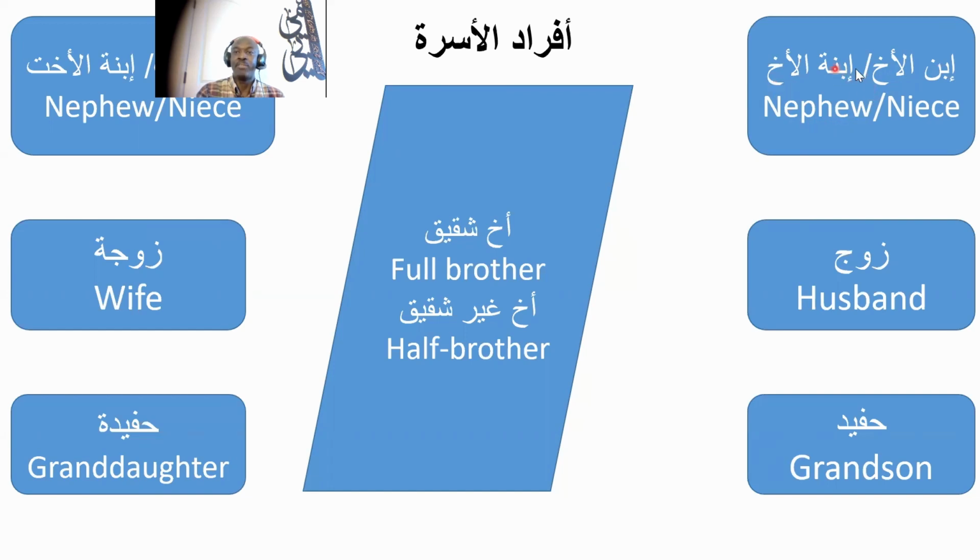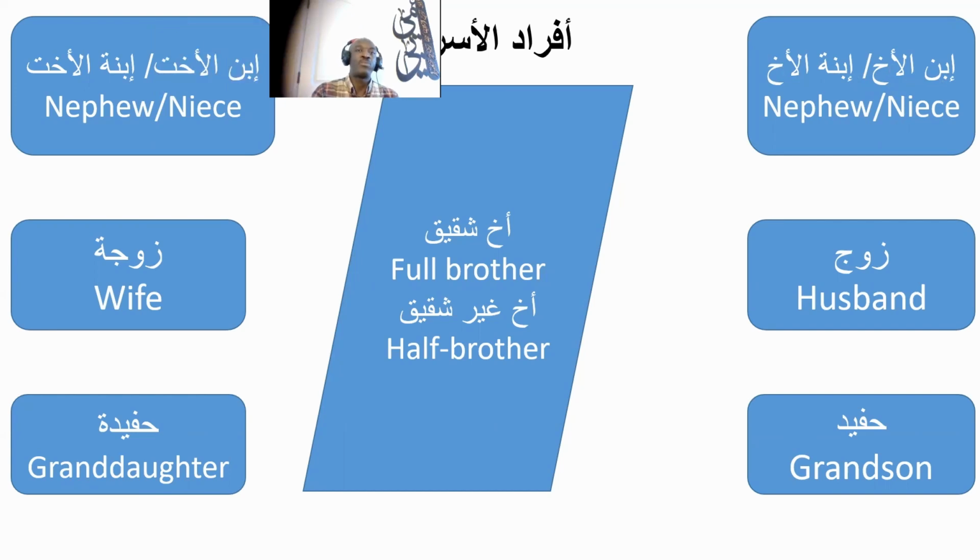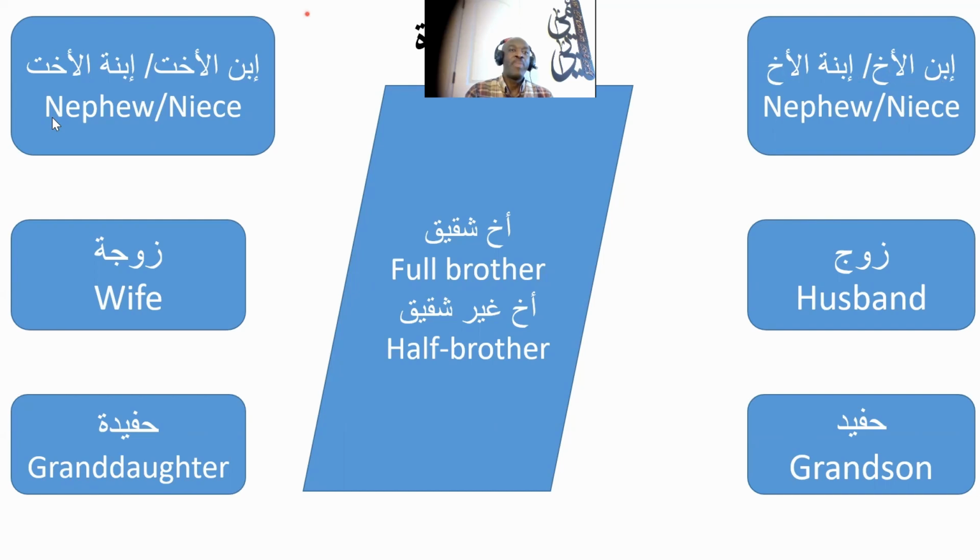Ibnat al-akh, the daughter of the brother. In Arabic we call it ibnat al-akh, and that is niece. Your niece is called in Arabic ibnat al-akh. The nephew, ibn al-akh. All right, so let's focus on this side also. Here we have ibn al-ukht.